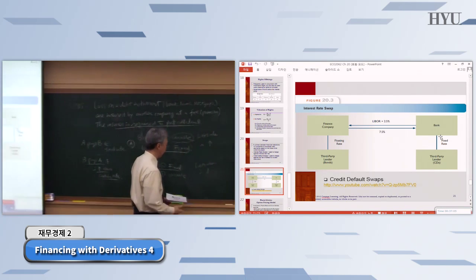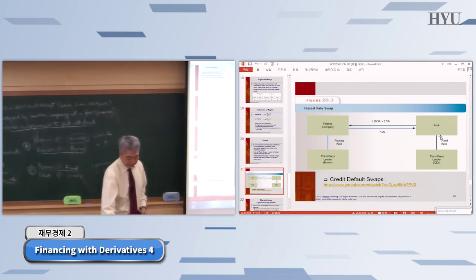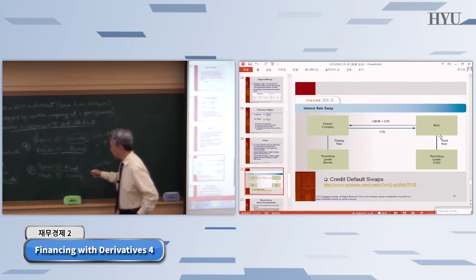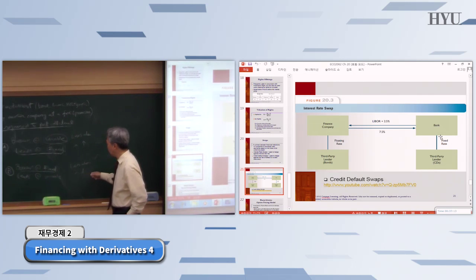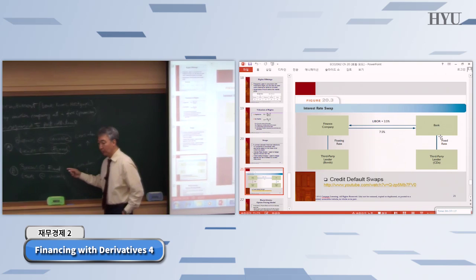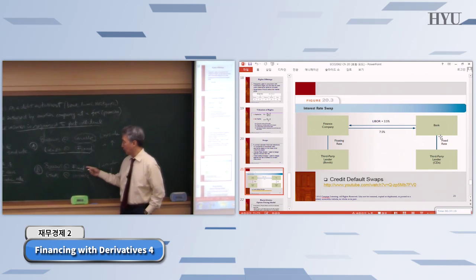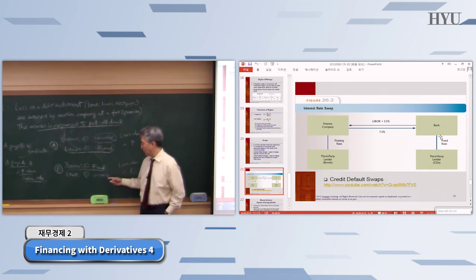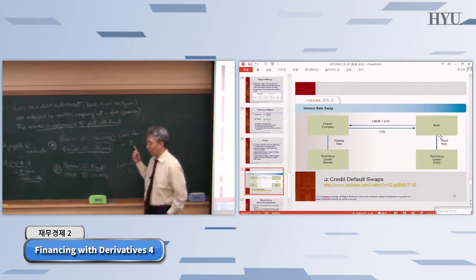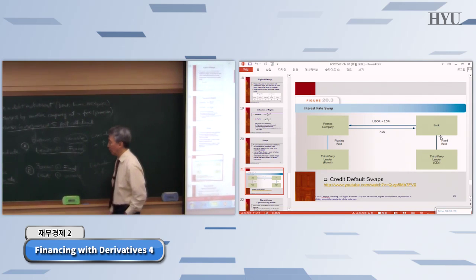Okay? Because again, B is the company that loses when the interest rate goes down, right? But when the interest rate goes up, they make money, right? Because their borrowing cost is fixed, but they lent at variable interest rate. So when the interest rate goes up, they make money, right?